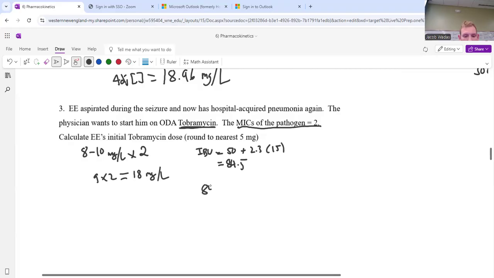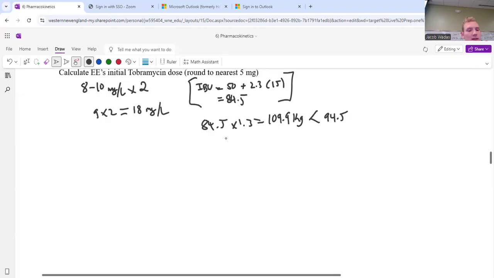If we do 84.5 times 1.3, that equals 109.9 kgs. Since this is less than 94.5, we're going to use ideal body weight for our creatinine clearance calculation.